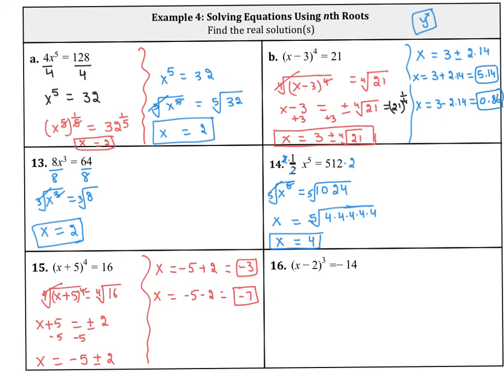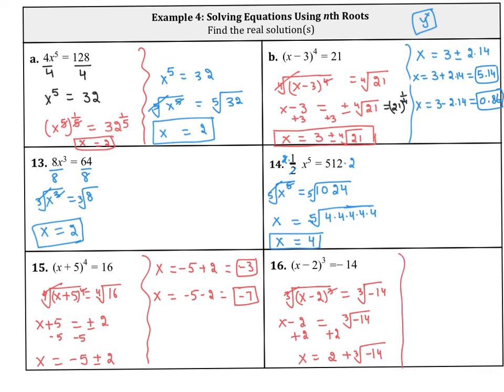For the next one, you're going to take a cube root on both sides. Whenever we take a cube root, or fifth root or seventh root, we only have one answer. So cube root on both sides, cube and cube root cancel. You get x minus 2 equals the cube root of -14. Plus 2 on both sides, you get x equals 2 plus the cube root of -14.